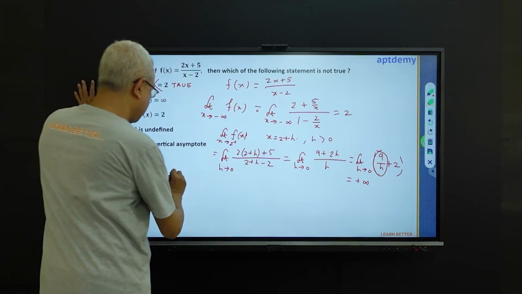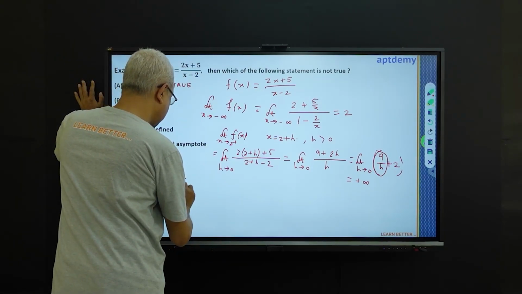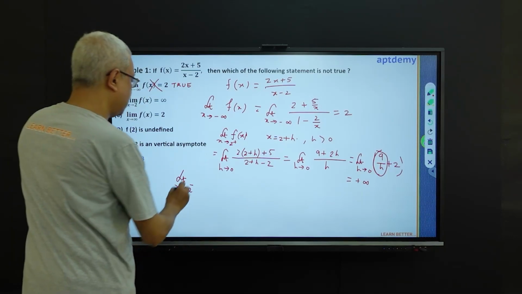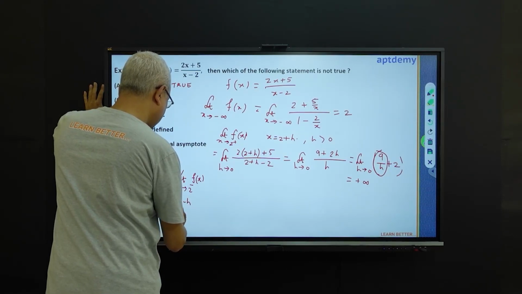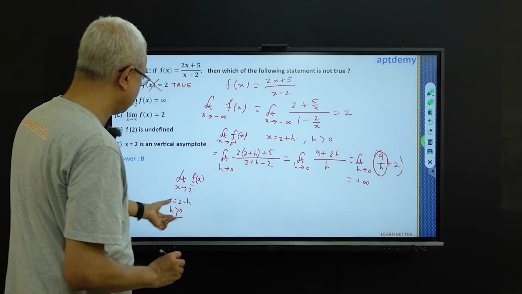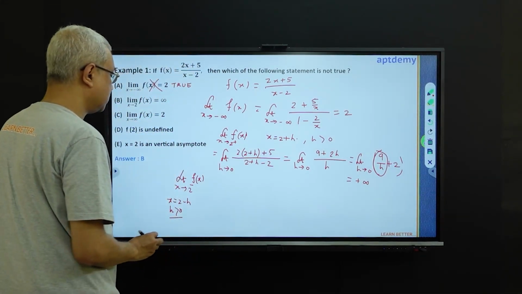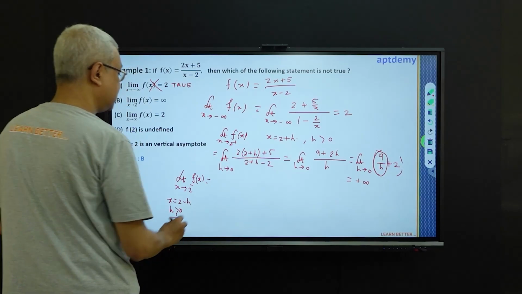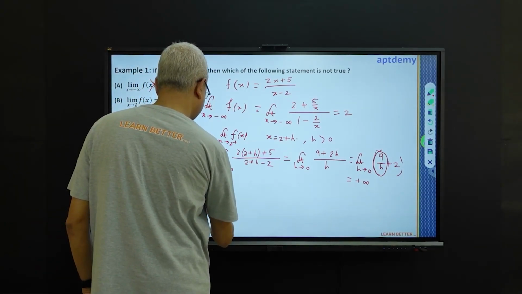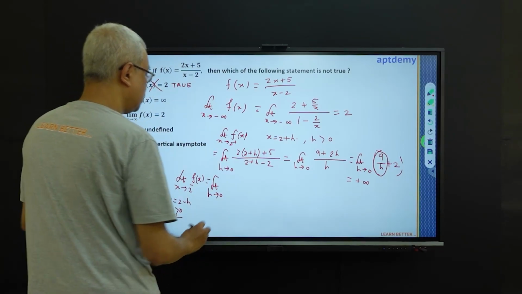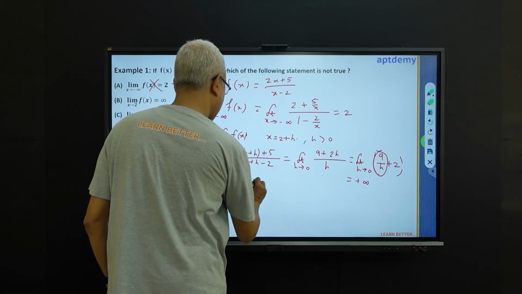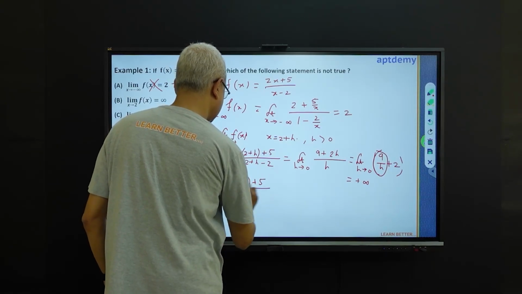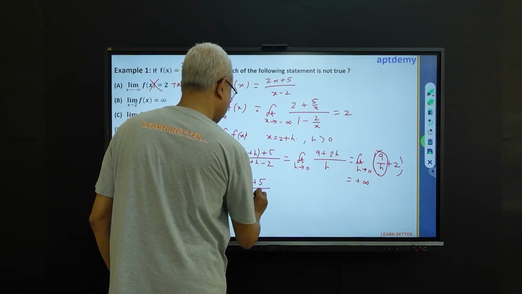And limit x tends to 2 from negative side, f(x). In this case, I can write x equal to 2 minus h, a small and positive quantity. So this is limit h tends to 0 of (2 into (2 minus h) plus 5) divided by (2 minus h minus 2).